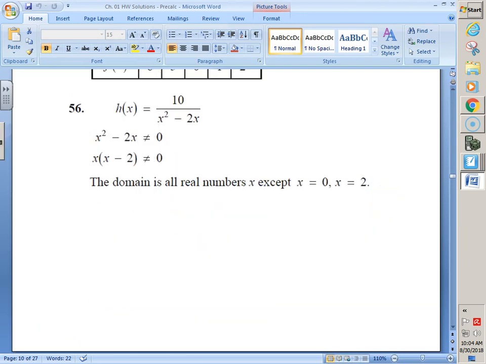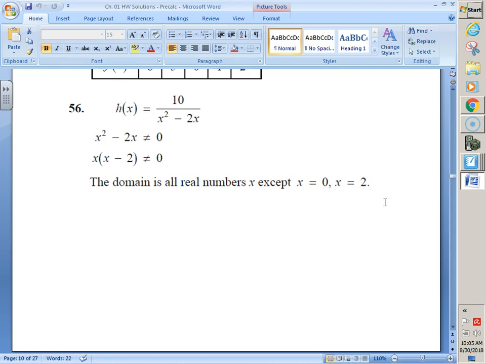Number 56. What was the domain problem? Denominator. What's the denominator not allowed to be? Got it. Nicely done. So what do we do to say what the domain is? We find those zeros that are not allowed. Remember?